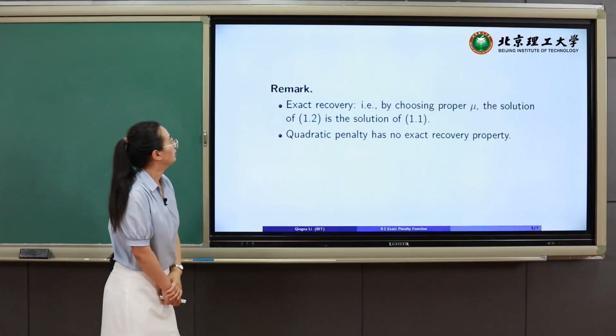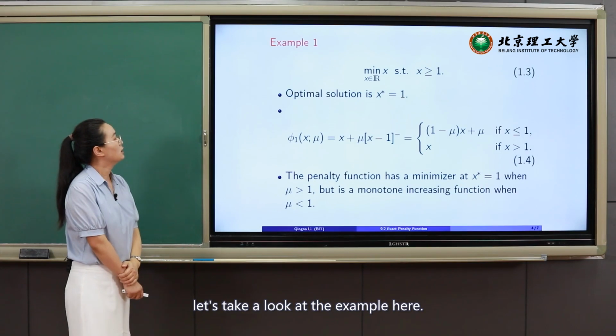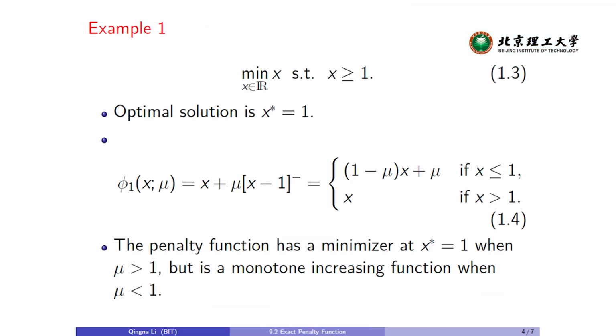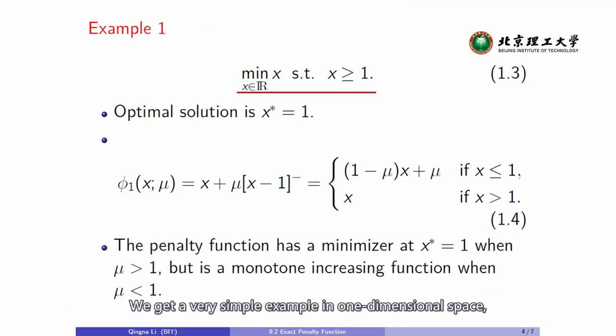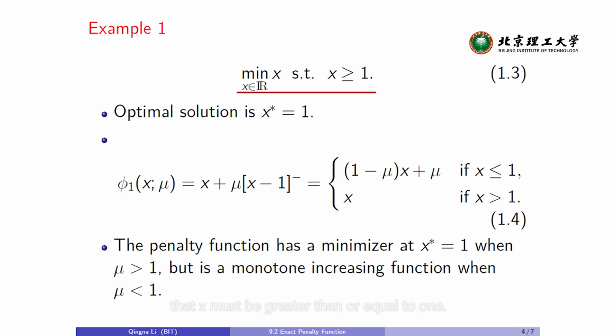Now, let's take a look at an example. We have a very simple example in one-dimensional space where we try to minimize x, with the constraint that x must be greater than or equal to 1.